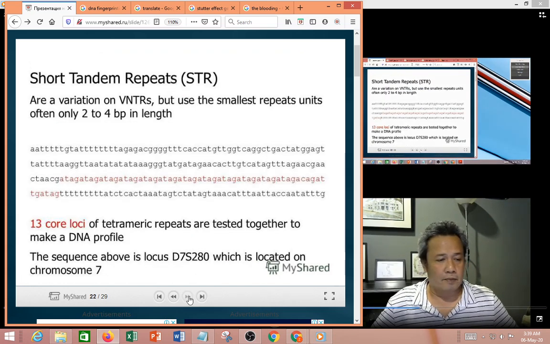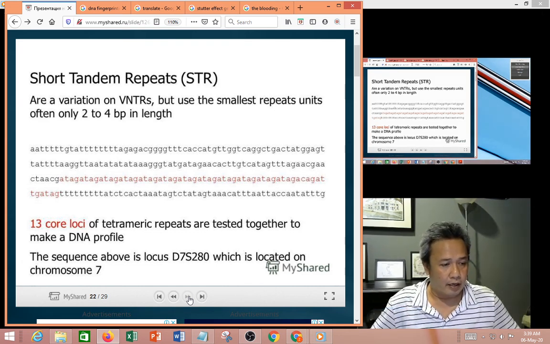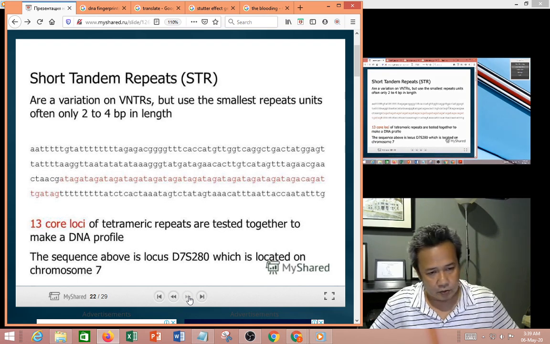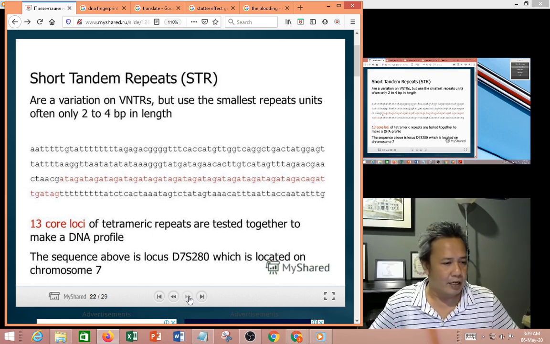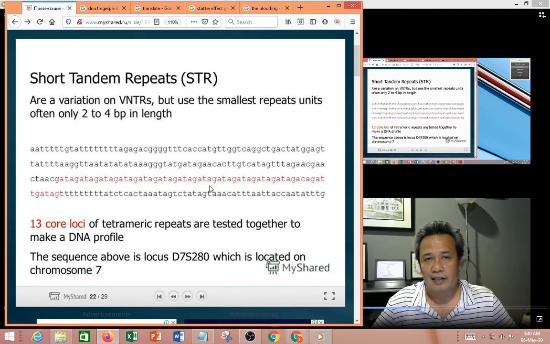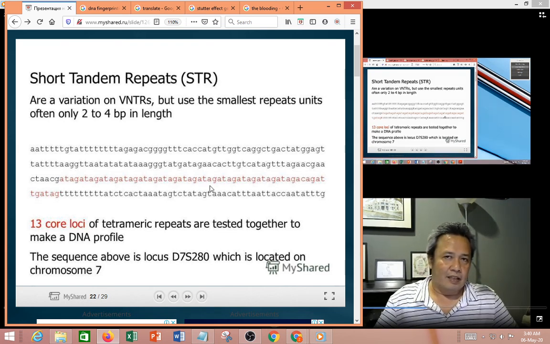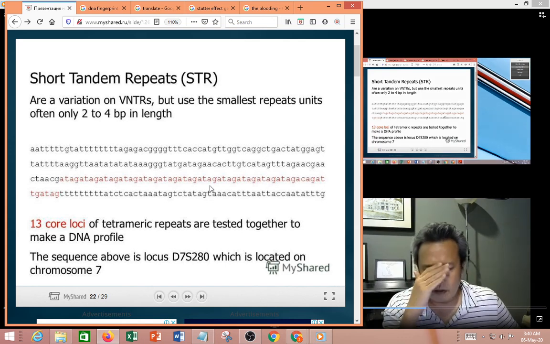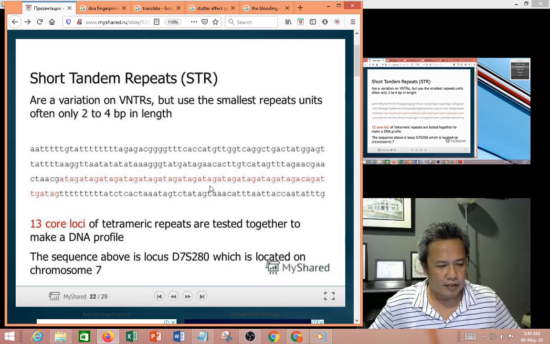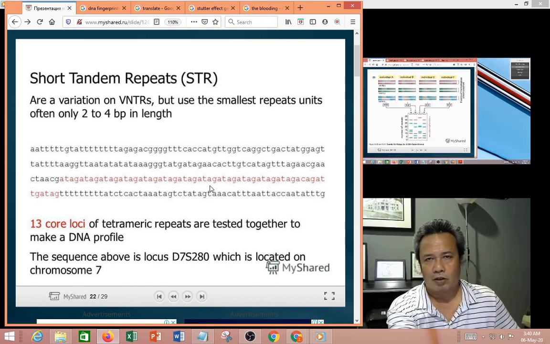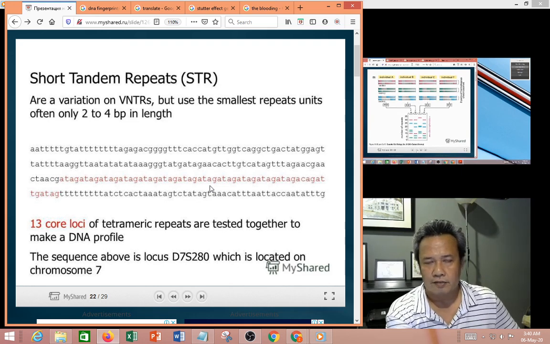This is an example of a DNA sequence where you can see the red represents the VNTR, variable number of tandem repeats. You see AT, AG, AT, AG, AT, AG, that's just one locus. This picture shows three different VNTRs.